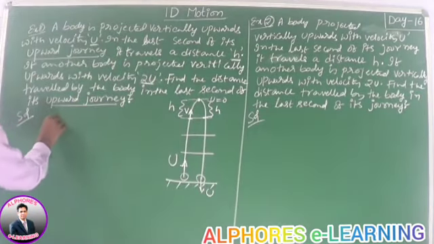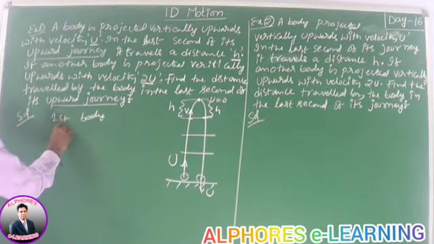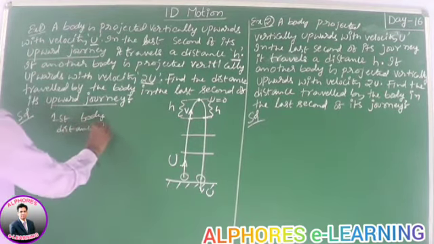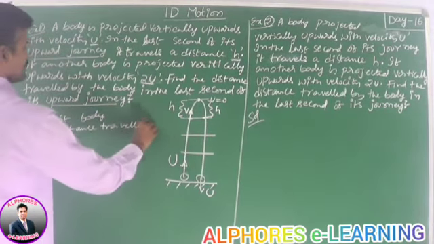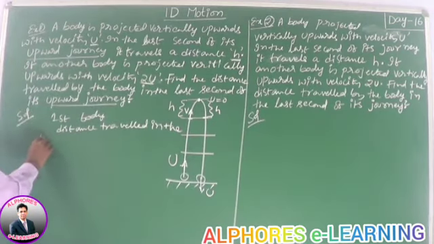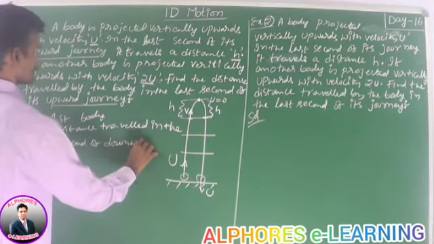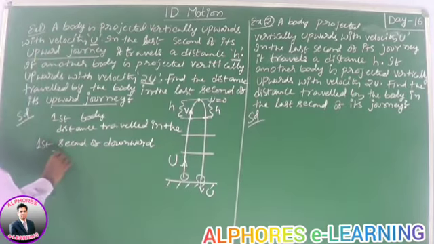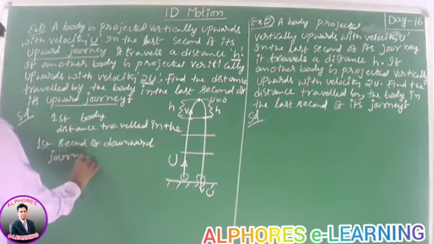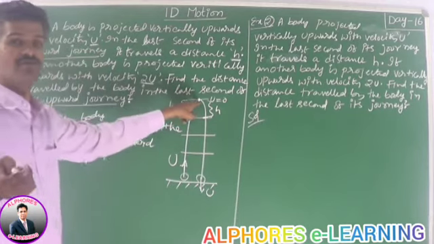If I consider the first body, distance traveled in the first second of the downward journey, I can solve this with the help of s is equal to half g t square.